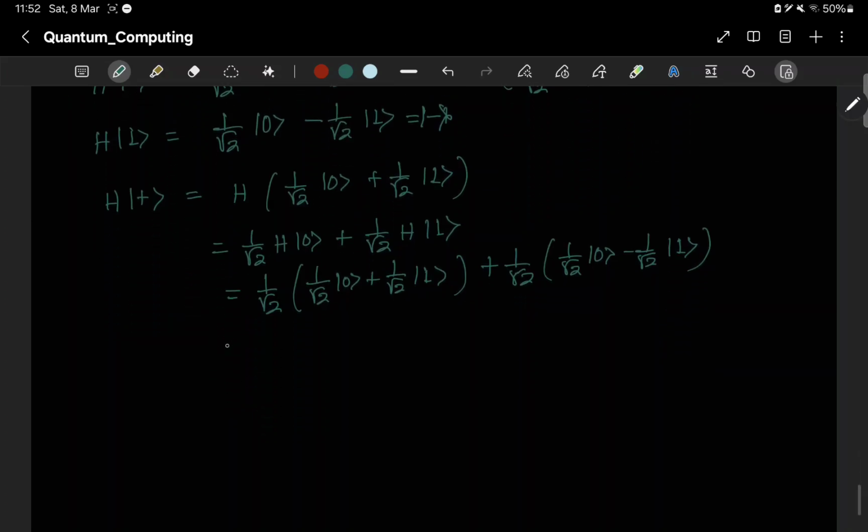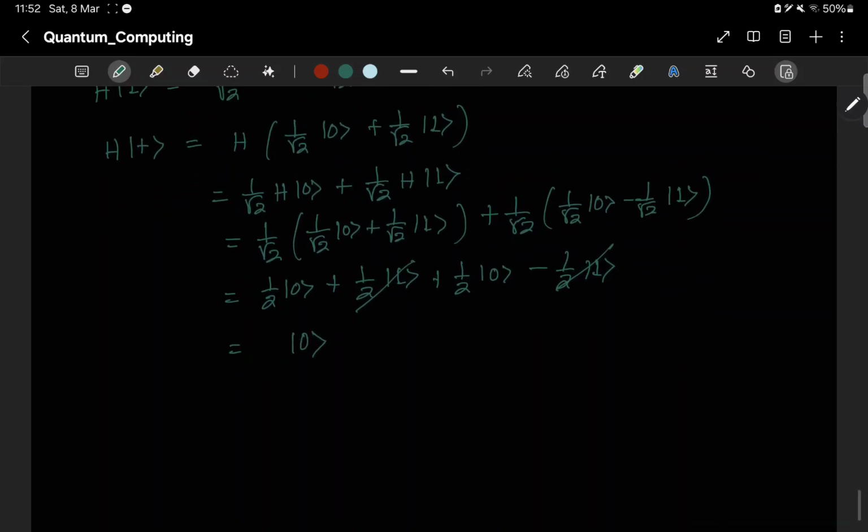If we multiply all of them, we will get half |0> plus half |1> plus half |0> minus half |1>, right? There is a minus sign there, on that half |1>. So we can cancel these two, and it will get to |0>. Similarly, if we apply Hadamard to the minus state, it will give us the 1 state. Applying Hadamard to the plus state gives us 0.